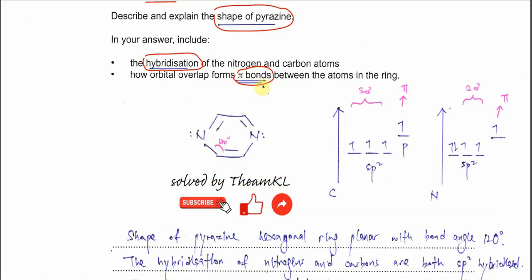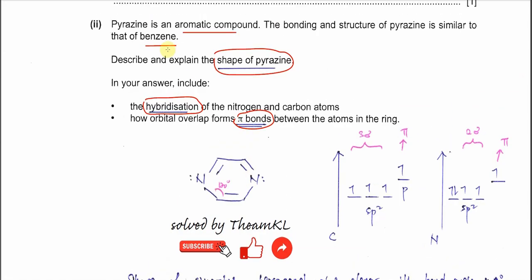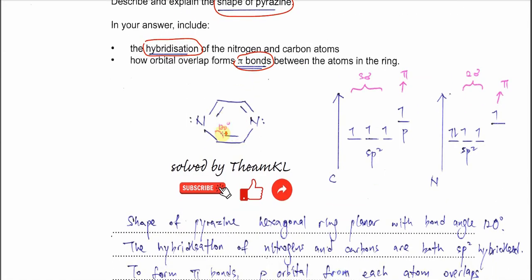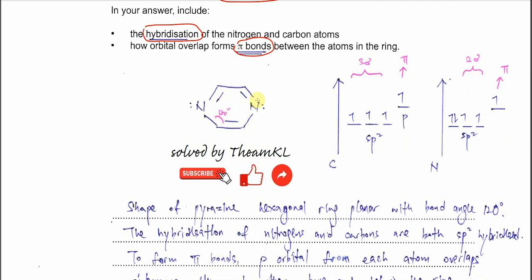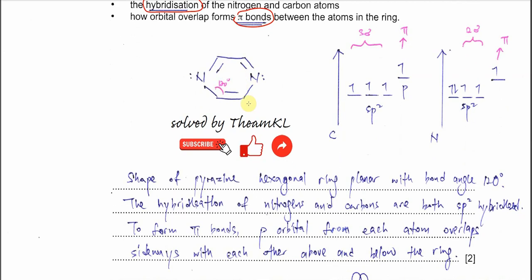So let's start with the shape of this pyrazine. It's already told us that it's like benzene, so it must be a planar structure, something like this. All these nitrogen and carbon atoms are in the same plane. So it's like a hexagon, and its bond angle is 120.